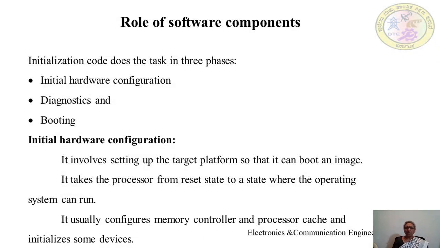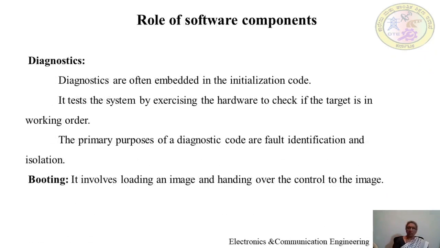The other task that the initial hardware configuration piece of software does is it takes the processor from reset state to the operating state where the OS can run, and it also configures the memory controller, processor cache, and the other hardware devices and initializes them. Diagnostics are often found embedded inside the initialization code.